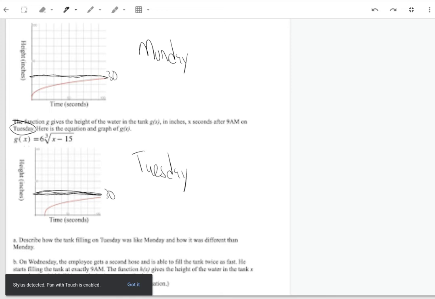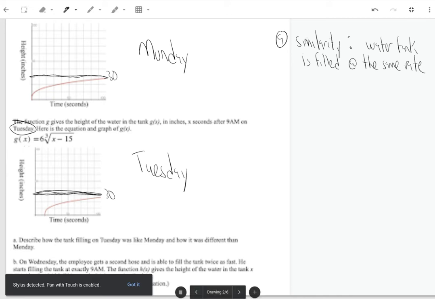So the similarity is that both days the water is being filled at the same rate. So the water tank is filled at the same rate.